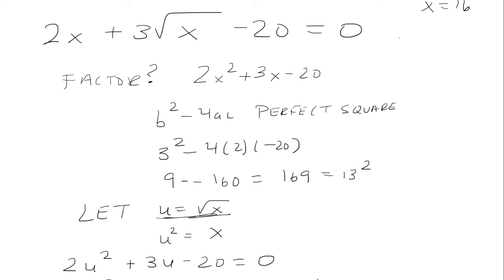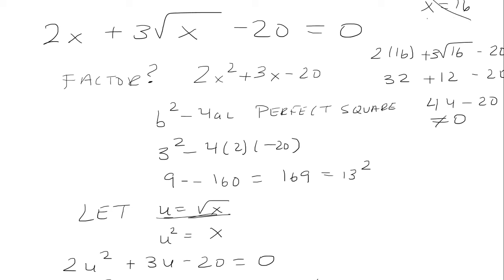So if I plug in x equals 16, I get 2 times 16 plus 3 times root 16 minus 20. 2 times 16 is 32. Root 16 is 4. 3 times 4 is 12 minus 20. Okay, that is 44 minus 20, which is definitely not 0. Okay, so we throw this out.